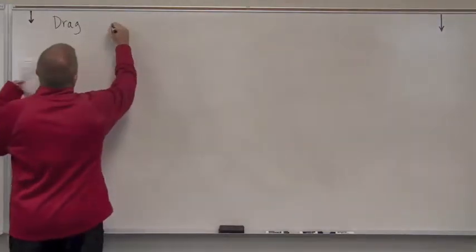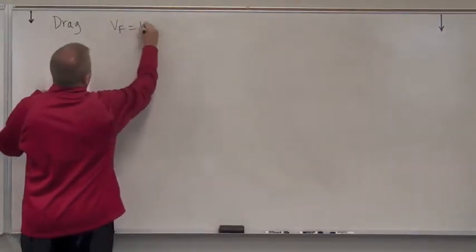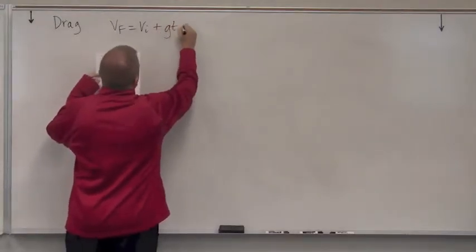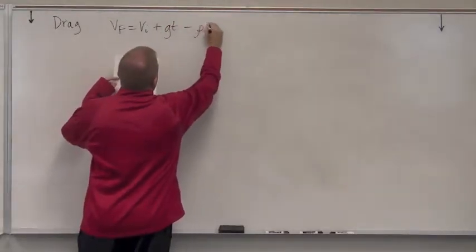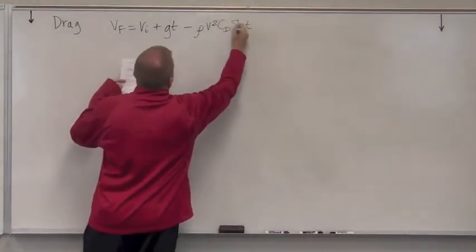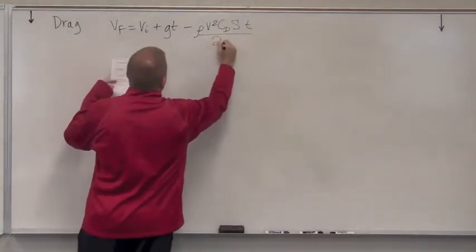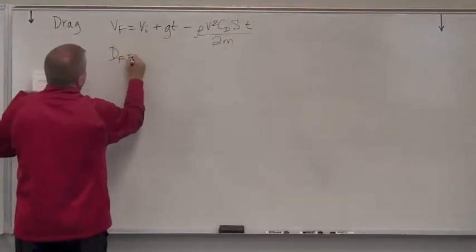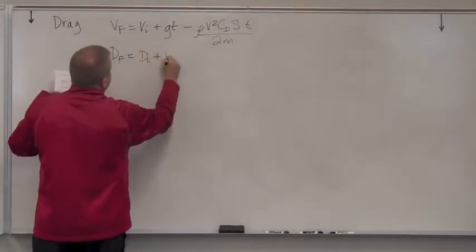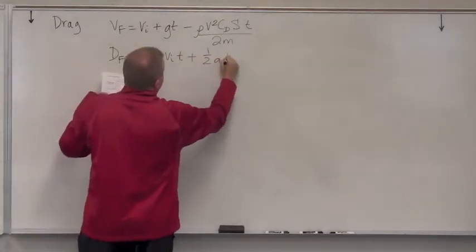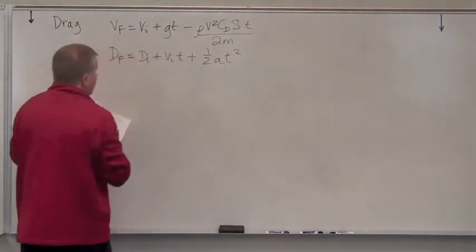So we've got these two equations: V final equals V initial plus g t minus rho V squared C sub D S t divided by 2m. And then we also have D final equals D initial plus V_i t plus 1/2 a t squared.